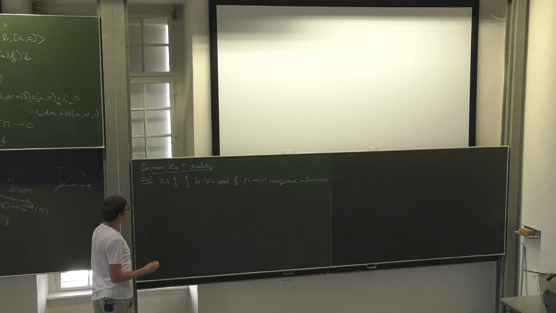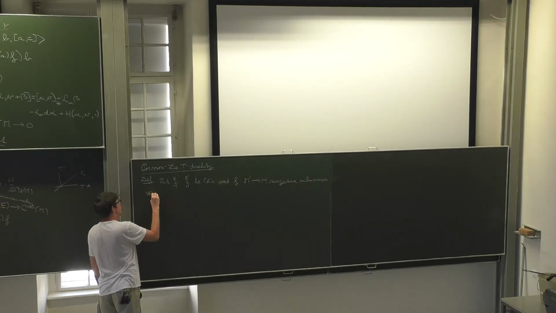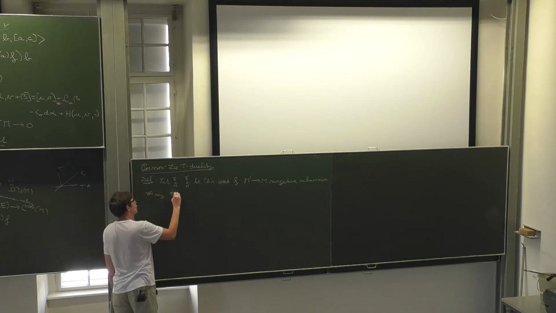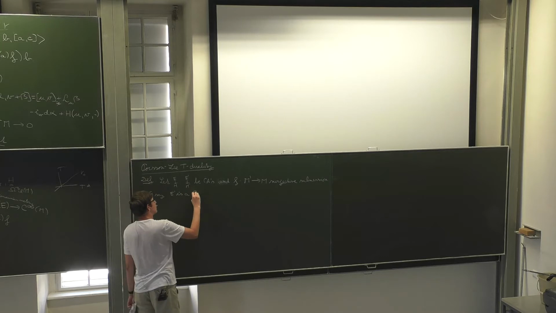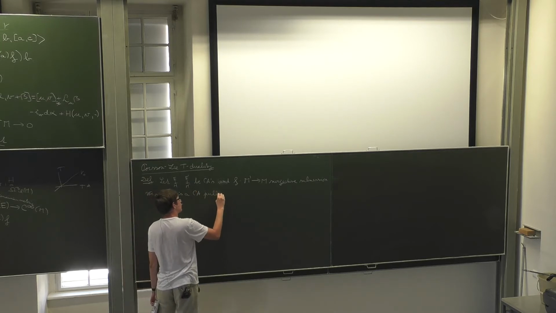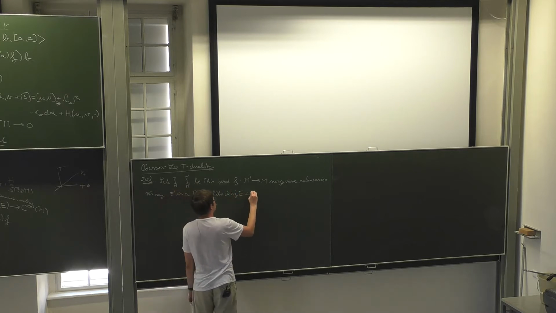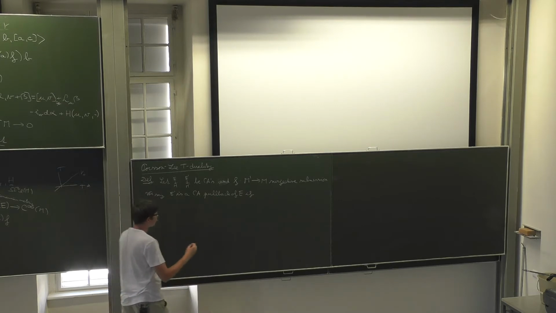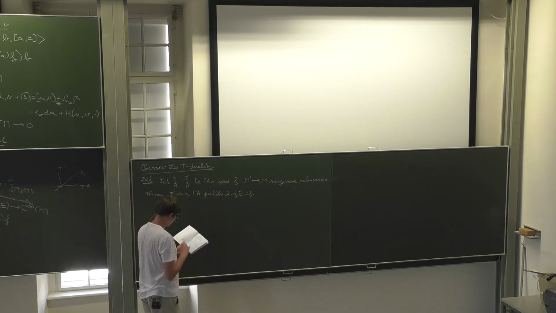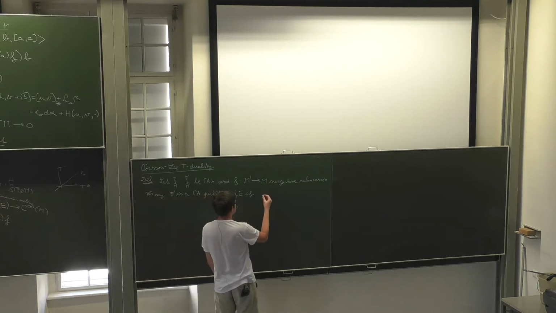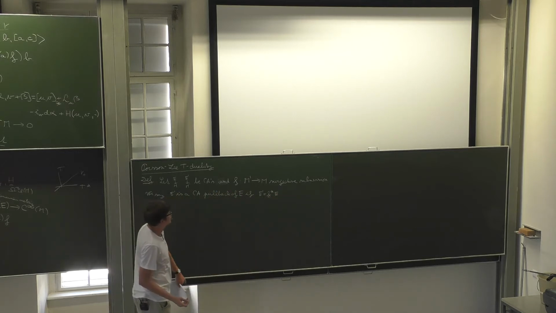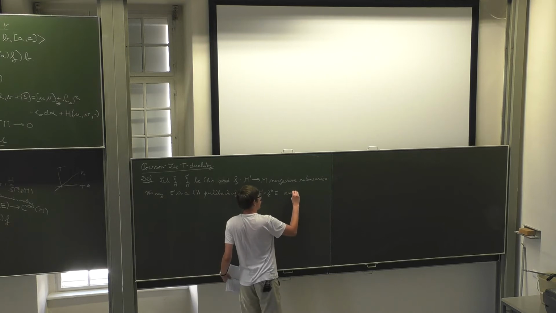Now we say that E prime is a Courant algebroid pullback of E if, first of all, if E prime is, as a vector bundle, a pullback of E. That one is easy, and we want the structures to be compatible.